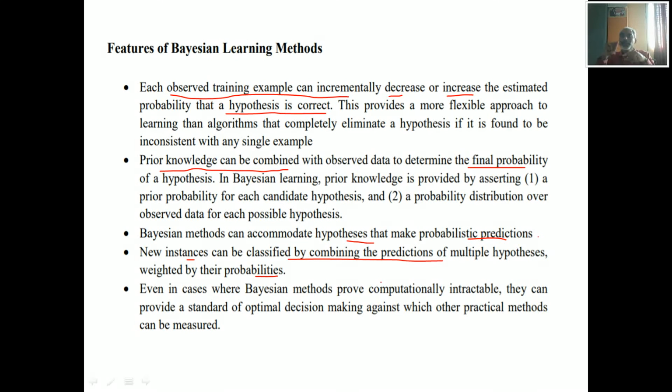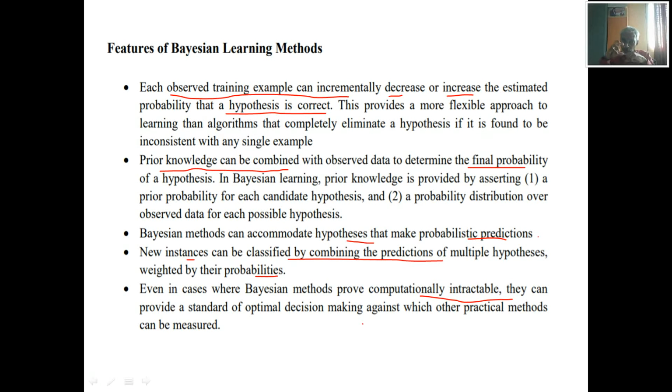Even in cases where the Bayesian methods prove computationally intractable. When we apply the Bayesian concept, we are talking about probabilities. When you take a very complicated example, calculating probabilities of each and every hypothesis takes a lot of time, and a lot of computation power is involved.